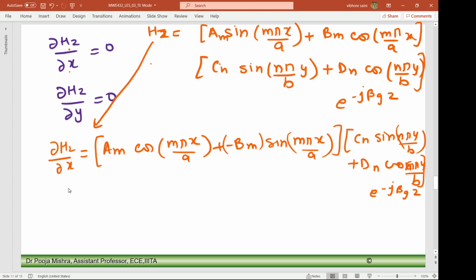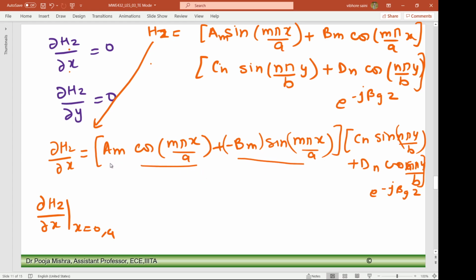So on applying the boundary condition, what was the boundary condition? Del Hz by del x equal to 0 at x equal to 0 or a. If we put x equal to 0 or a in this equation, what will happen? This term will remain, however this term will become 0.